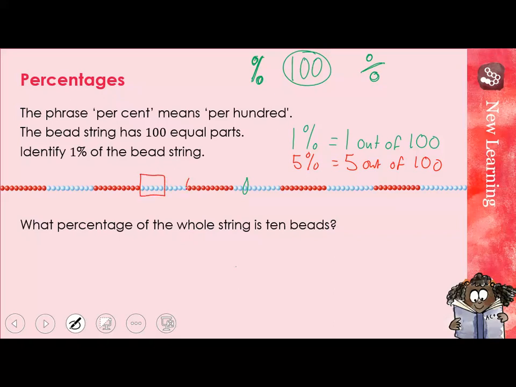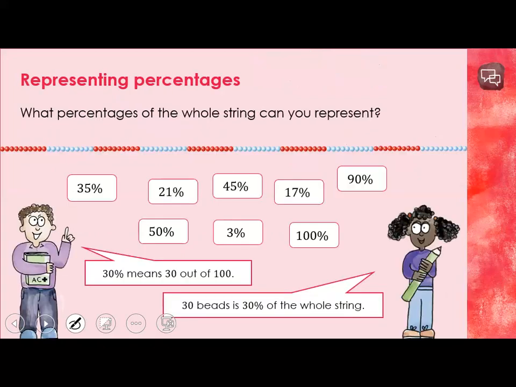Or it could just be 5 random ones. 1, 2, 3, 4, 5. And then again at the bottom, what percentage of the whole string is 10 beads? So here's a set of 10 beads. It's 10 out of the 100, 10%.